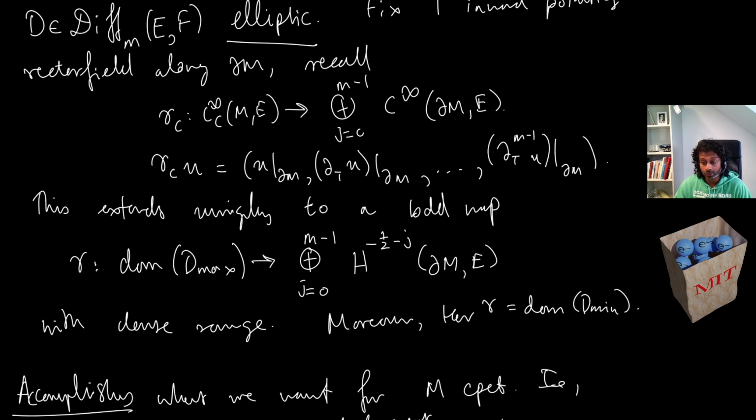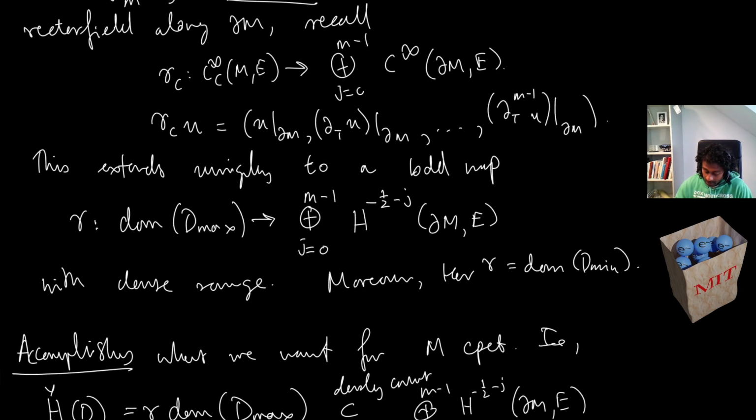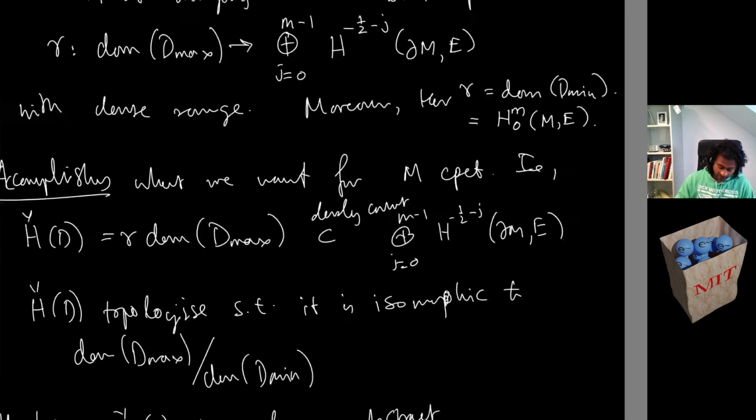That certainly moves. The question was, is the domain of the minimal extension the same? So I tried to not really mention anything there to avoid any questions, but since you've asked me, maybe I'll insert it. So that's certainly true. This is H^m_0 of M. That's always true. Very good.